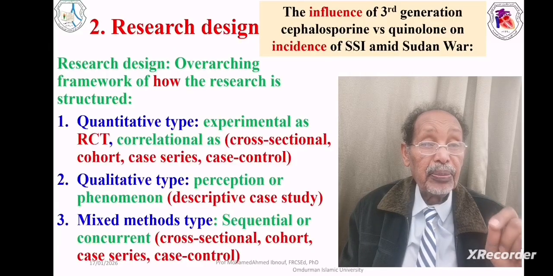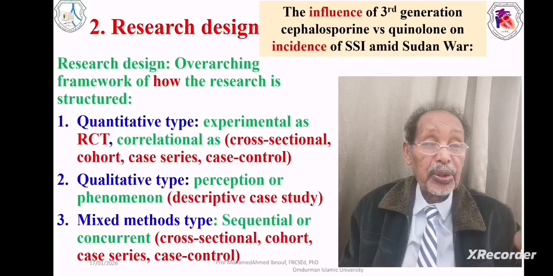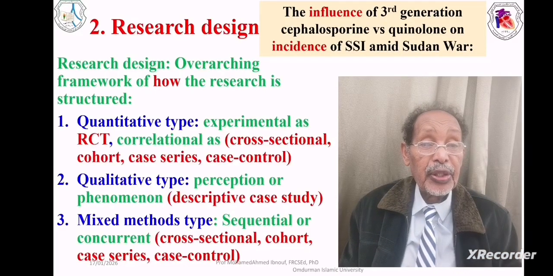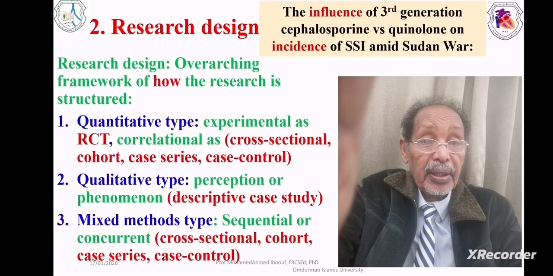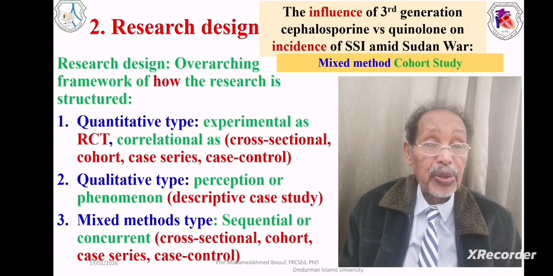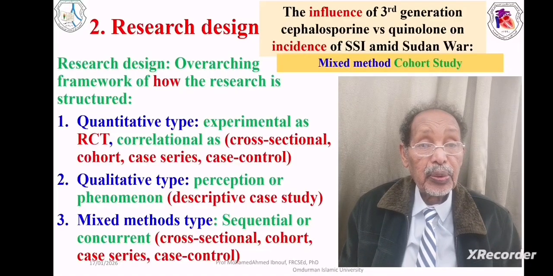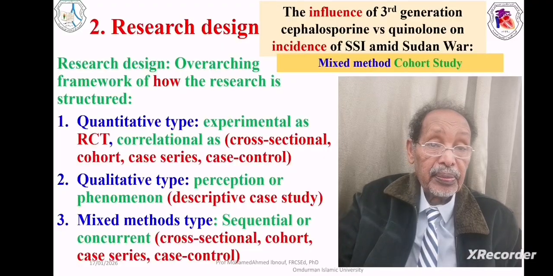We want the correlation between these 2 types of antibiotics, cephalosporins and quinolones, and the incidence of surgical site infections. So it is an applied research to solve a problem amid war in Sudan, and it is a mixed method type of research, or it could be quantitative type of research. And it is a cohort sort of study, and I will speak about cohort in details in another video.